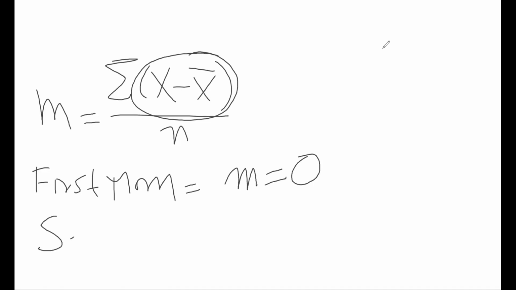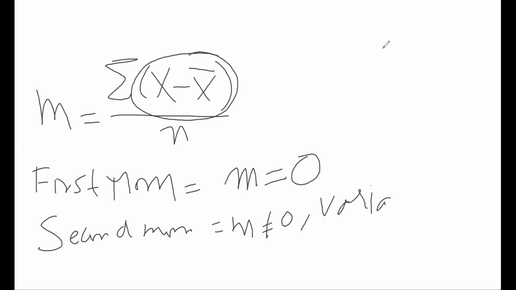In case of the second moment, as we are squaring it, all the negative values will become positive and we will get a positive number. So m would not be 0. It would be anything but not 0. And it will tell us the value of variance.